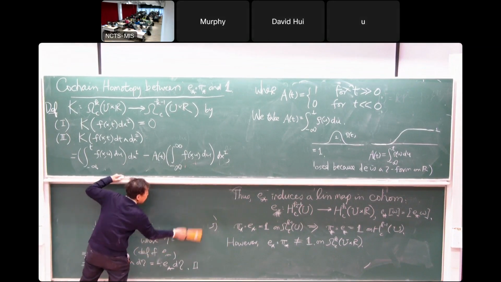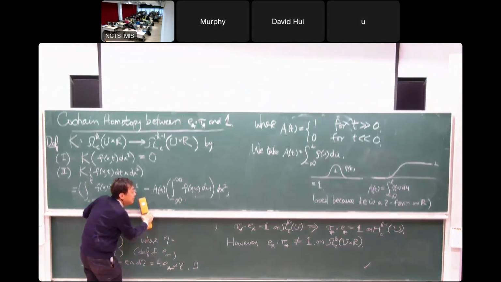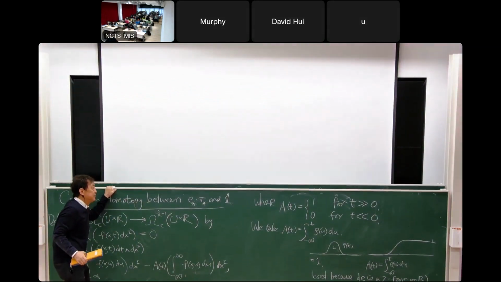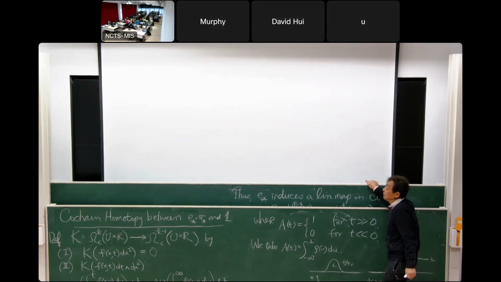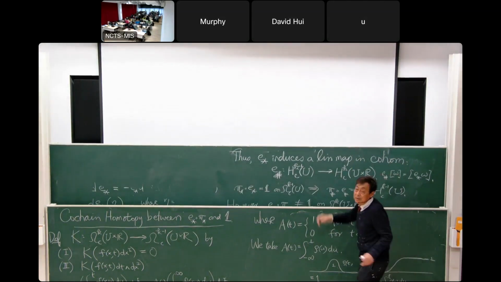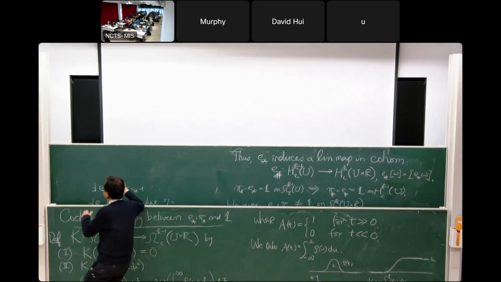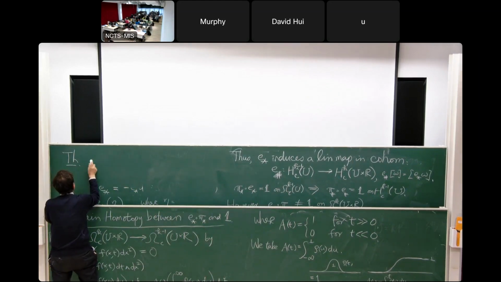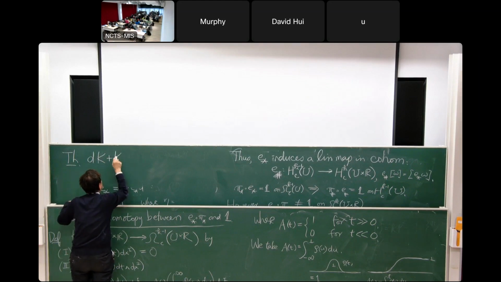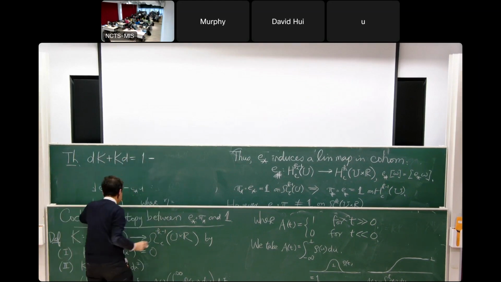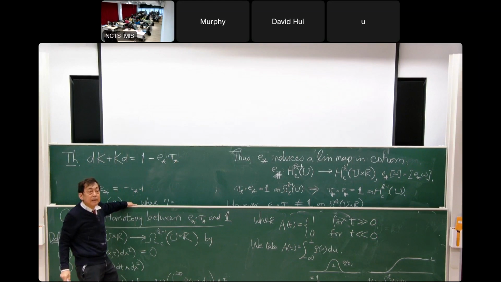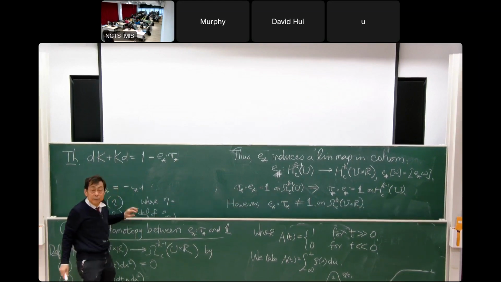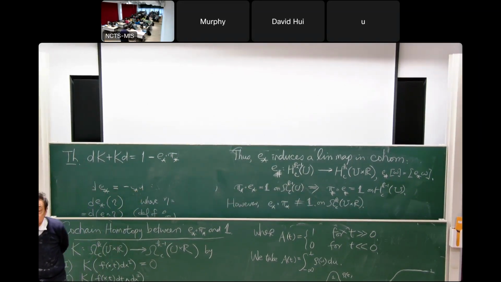And it's kind of amazing. Well, it's a very natural definition, so maybe it's not so amazing, but I think it is still amazing because you have to do quite a bit of calculation to show this. We have this theorem that dk plus kd is equal to 1 minus e lower star pi lower star. And this formula is different from the one in the book.